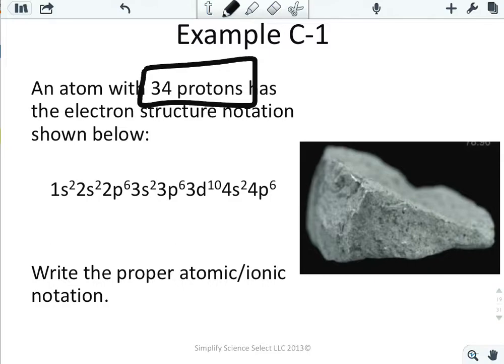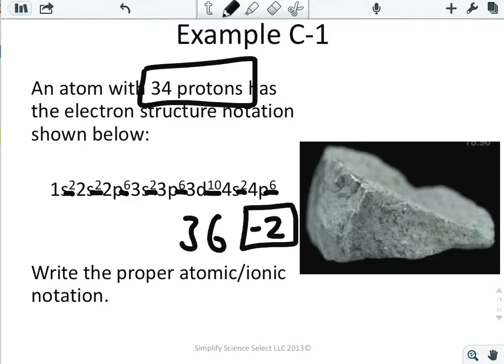If you look, we have 2, 4, 10, 12, 18, 28, 30, 36. We have 36 electrons. So we have 34 protons and 36 electrons, so we're going to have more electrons than protons, so we're definitely going to have that -2 charge.